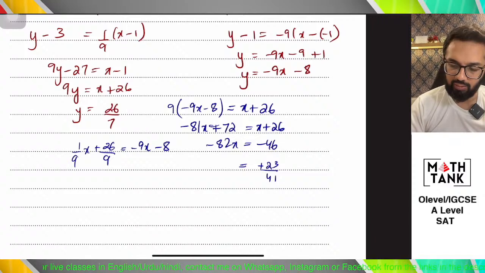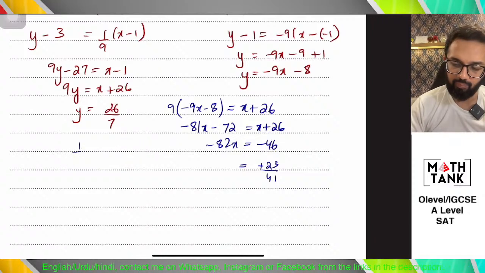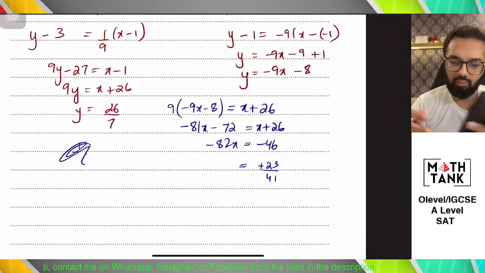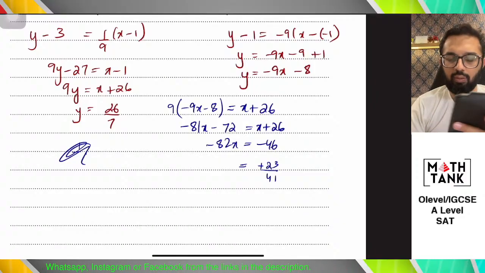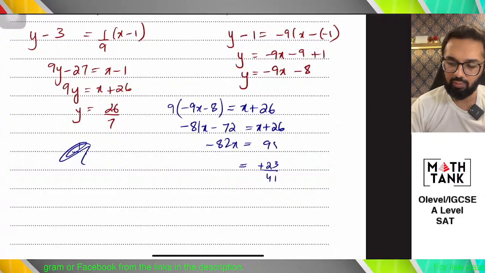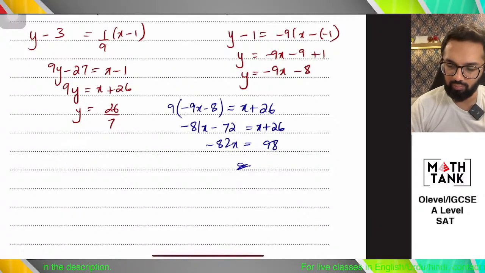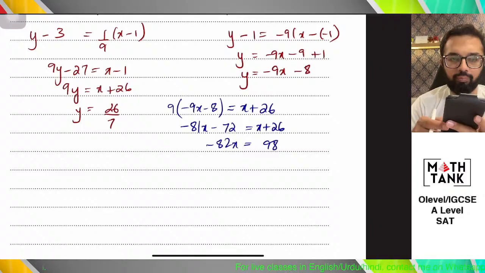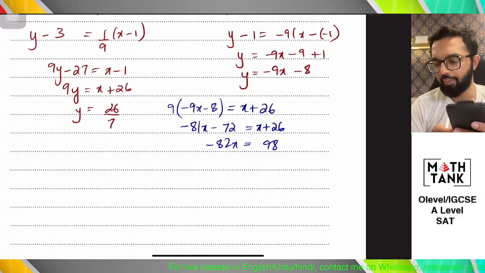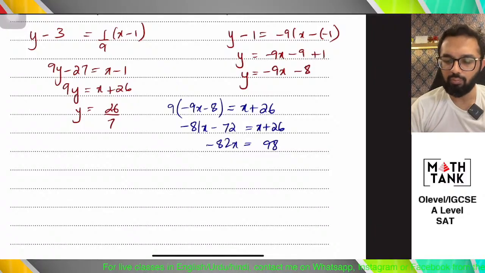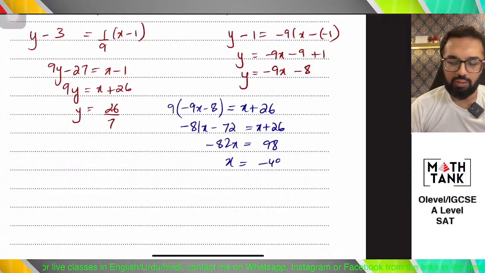Okay, this is minus 72, so 26 plus 72 is 98. So the x coordinate is minus 49 over 41.